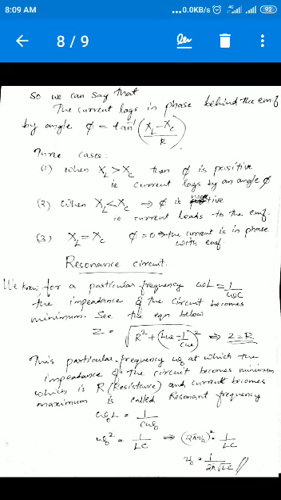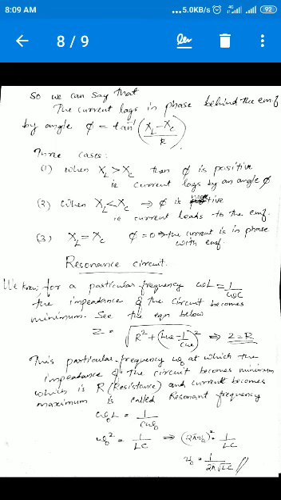If you consider that particular frequency omega as omega 0, when L omega becomes 1 by omega C, we take that particular frequency as omega 0. Then omega 0 L is equal to 1 by C omega 0. From that equation we can find the omega 0 value.